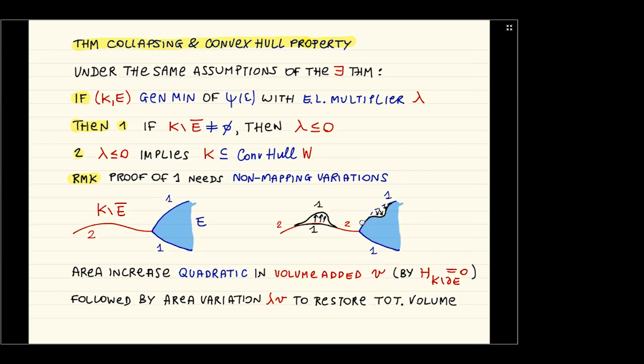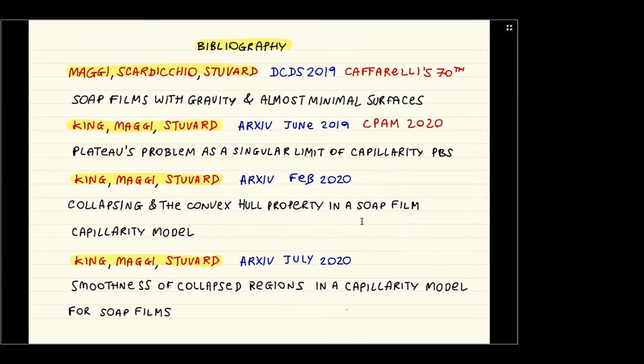So these are the papers where all these theories are contained. The first paper is in collaboration with Antonello Scardicchio and Salvatore Stuvard. This is the paper where we introduced this balance of pressure, and where we introduced this capillarity model, and we study limits of surfaces with vanishing curvature.